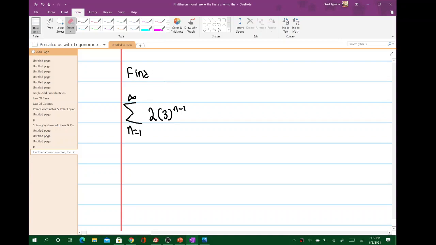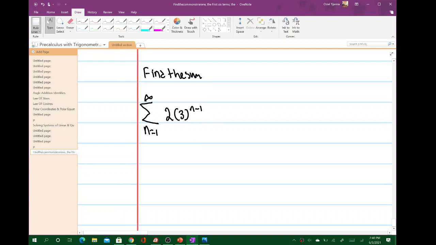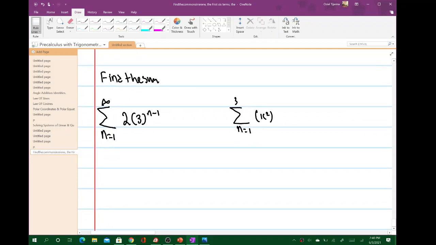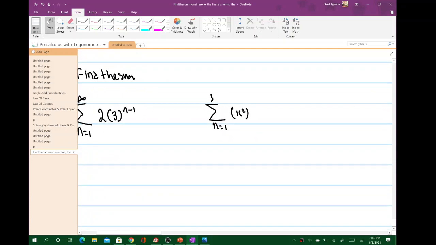Now I know what you're thinking, okay? You're wondering how do we do this, right? Because obviously if we have, let's say, n equals 1 to 3 of k squared, or let me do n squared actually.